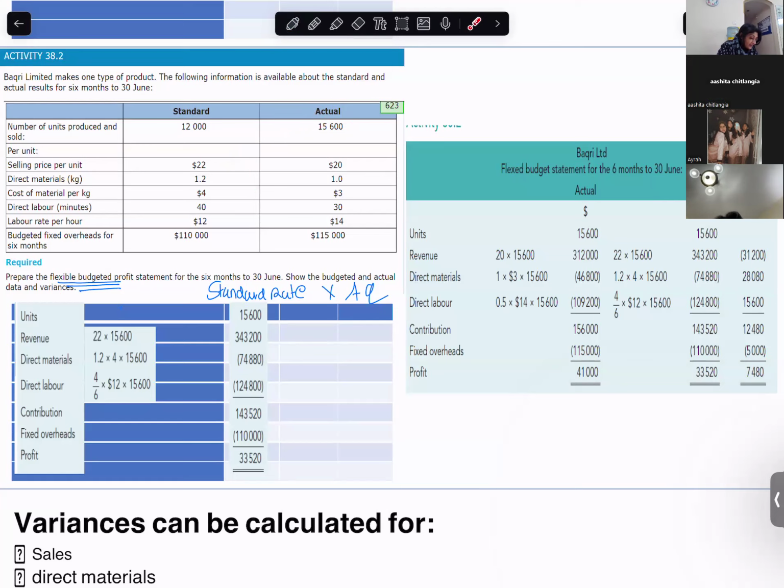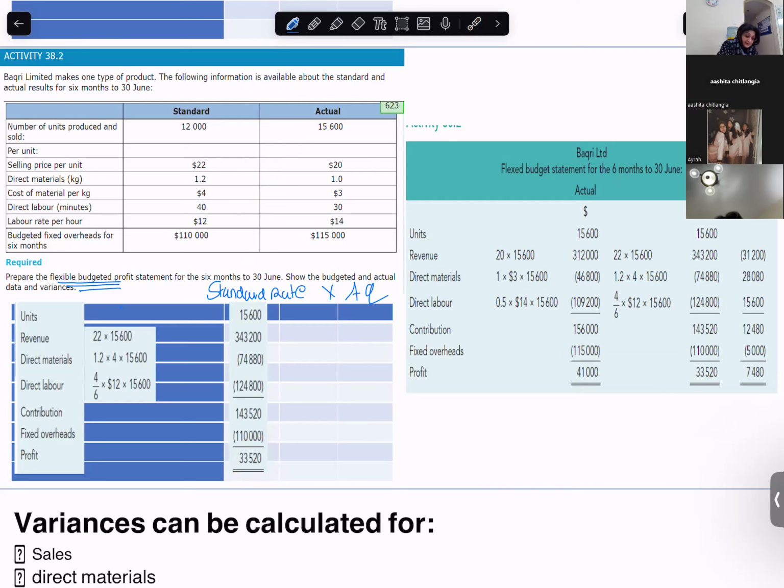Direct labor is 15,600 into 40 divided by 60 into 12. Fixed overheads would remain the same for standard or for the flexed. This is your profit as per which budget? Your flexed budget.